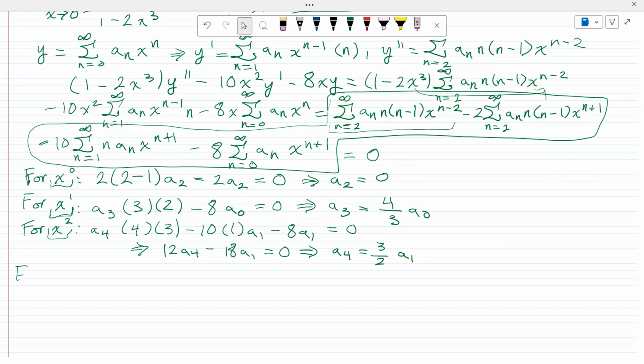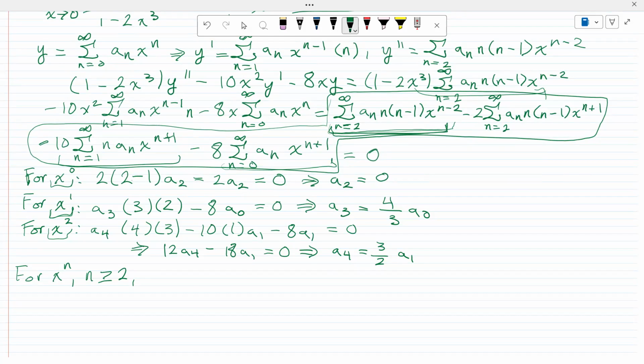Okay, so for x to the power of n such that n is greater than or equal to 2, we can substitute the expressions up above and change these series so that we're looking at a generalized expression for a n that includes each of these individual series right here.